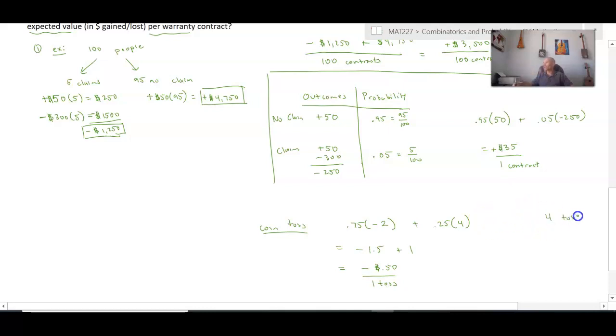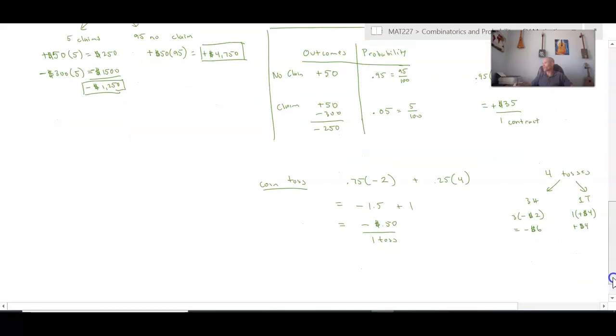If we did 4 tosses, then we would expect to get 3 heads and 1 tail. Every time there's a head, you're going to lose $2, so 3 times you're going to give away $2. And then every time there's a tail, you're going to receive $4. So that's going to be a loss of $6 across those 4 tosses, a gain of $4 across those 4 tosses.